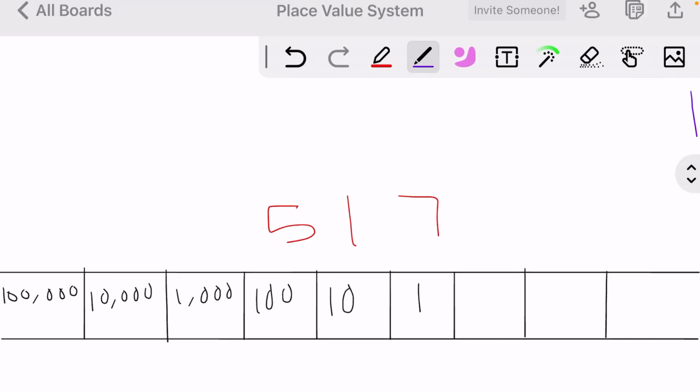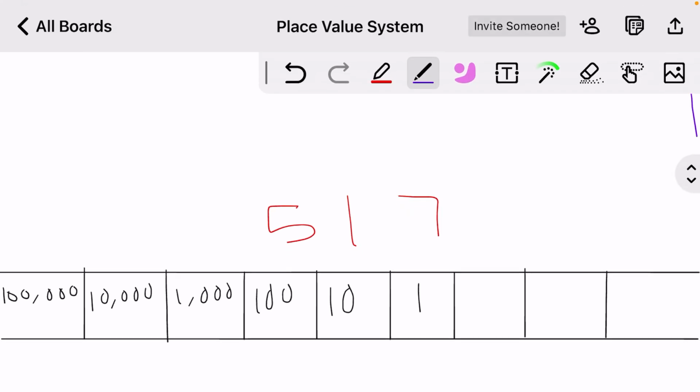The place value system says that every digit, and the location that that digit is in, will tell you information about the whole number. So for example, we have this thing called the ones place, and the ones place has a digit assigned to it.